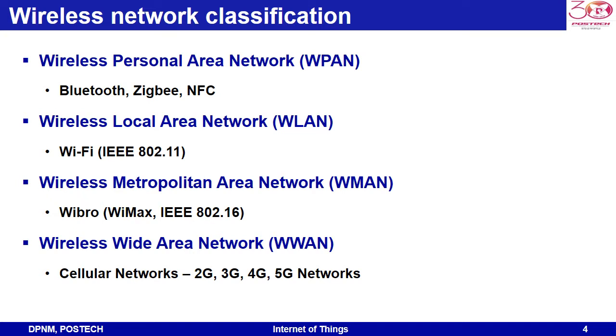IEEE 802.16, or WiMAX, is a networking technology for wireless metropolitan area network, WMAN. It typically covers up to a few kilometers. Its coverage is wider than wireless LAN but narrower than cellular networks.